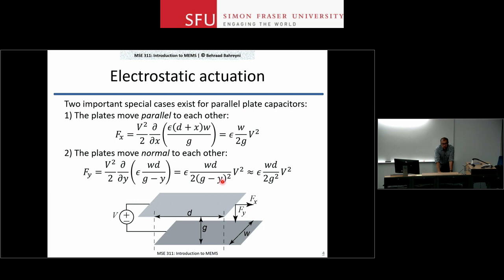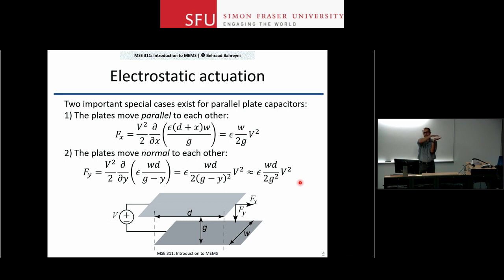Now, for most practical situations, this displacement, this Y, is much, much smaller than G. And if that is the case, you can ignore it and come up with this equation here. What we see here is that in this case, the force is proportional to the area between the electrodes, the effective area, divided by G squared.